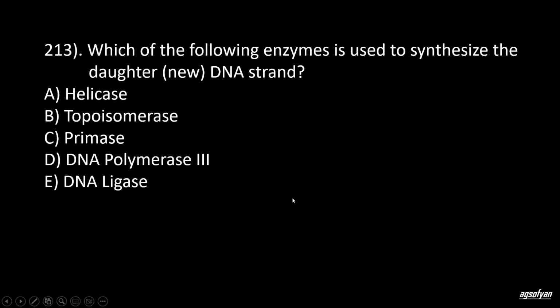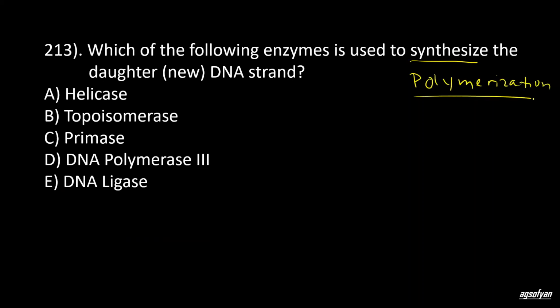Which of the following enzymes is used to synthesize the daughter or new DNA strand? Helicase, topoisomerase, primase, DNA polymerase 3, or DNA ligase. So this is synthesis, so it makes a polymer, polymerization.